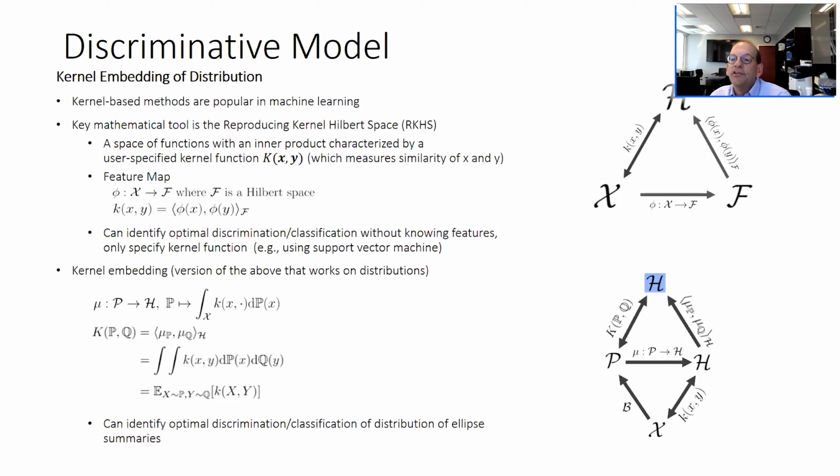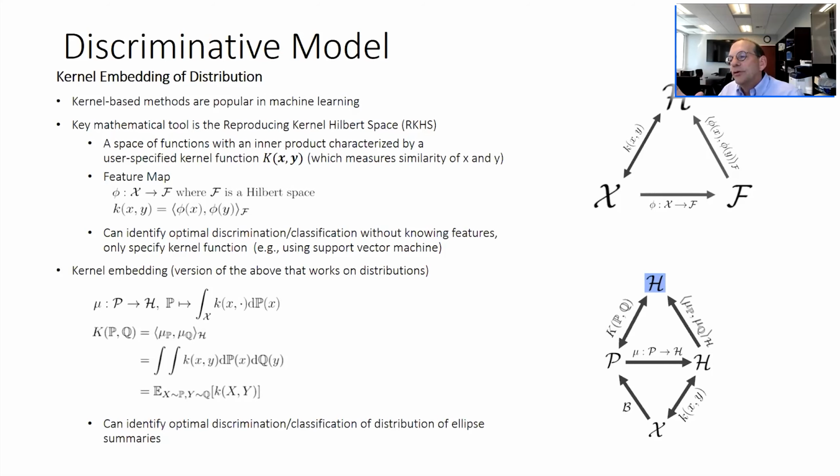Kernel-based methods have arisen in machine learning as an alternative to identifying the features. The way that they work is, instead of defining features, you come up with a kernel, which is a measure of similarity between two, whatever it is you're trying to classify. In our case, it will be a kernel that gives a distance or a similarity between two distributions of ellipses. But more generally, it can be whatever two objects you're trying to classify.